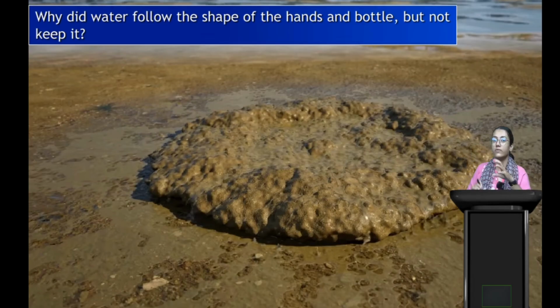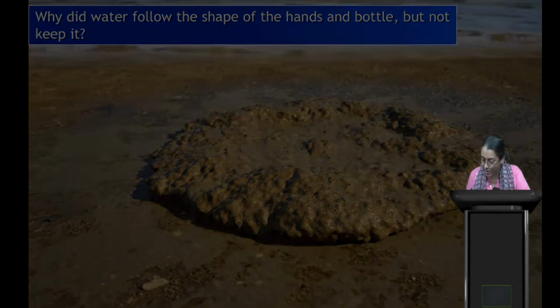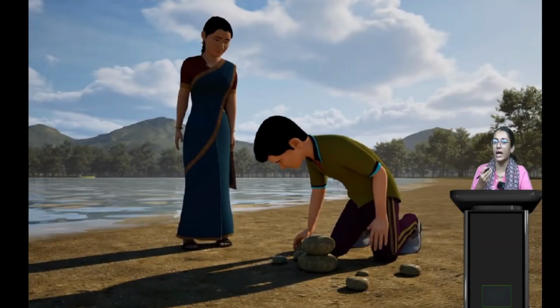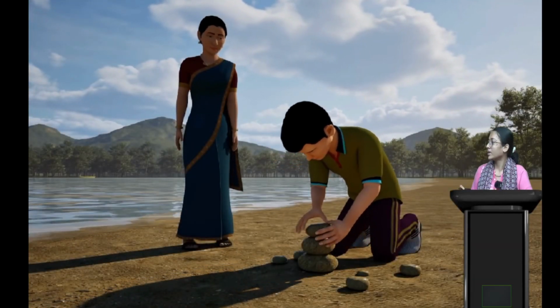In our daily life also, when we collect water in various kinds of vessels or tumblers, we can observe that the water takes the shape of that vessel, right? So why does water show this kind of property? Can anyone tell me? In today's class we are going to find out why this kind of thing happens, okay?